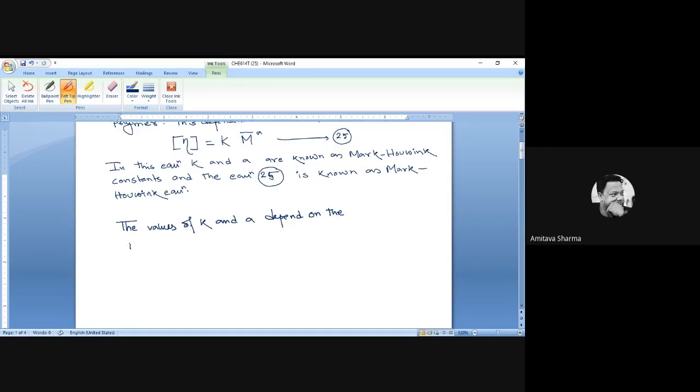There are several factors on which they depend. Number one, nature of polymer.